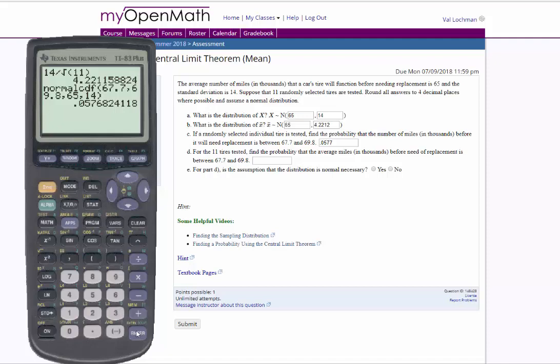I'm going to do second enter, and it's going to bring up the line that was used before, right above. The reason I'm doing it is because I really don't need to change much here. I just need to change this to 14 divided by the square root of 11. Okay, that is my standard deviation because I have a sample of 11 tires. Let's see what we get here. We get 0.1335.